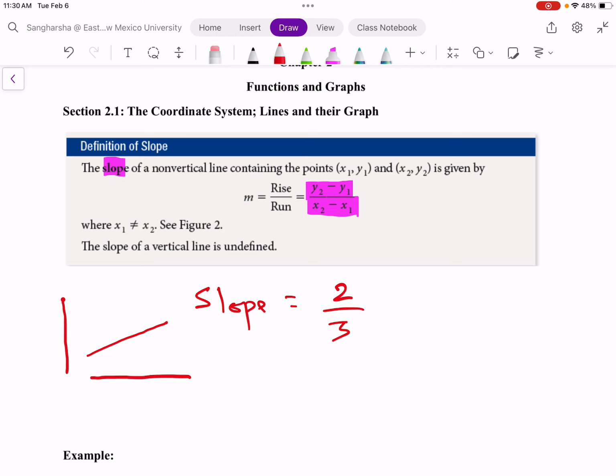Okay, so we use the slope a lot. Even in real life, we use the slope. Like when we are constructing a road on the hills, the road is inclined, right? So we have to measure the slope of that road before we construct. We can't have a road which is vertical.